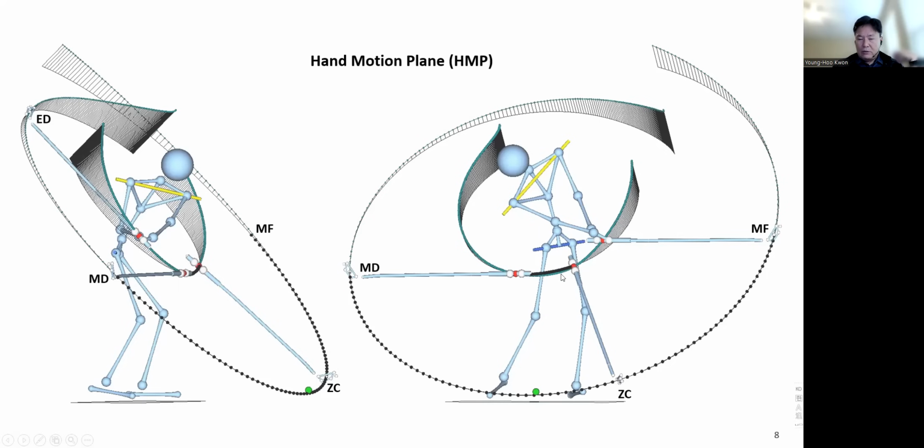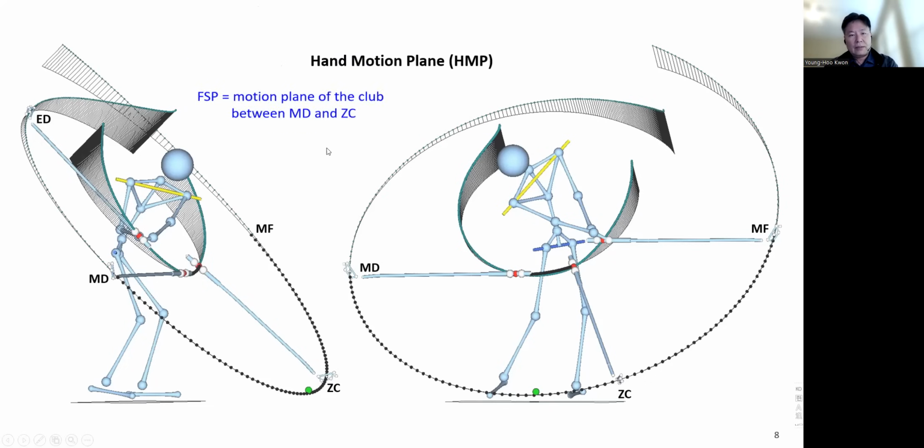So from mid downswing to zero cocking, again, this phase includes the impact. So this phase may be called the delivery phase. But during this phase, the club head definitely stays on the swing plane, and then the hand center also stays on the plane. In other words, from mid downswing to zero cocking here in this phase, the functional swing plane actually is the plane of motion of the club.